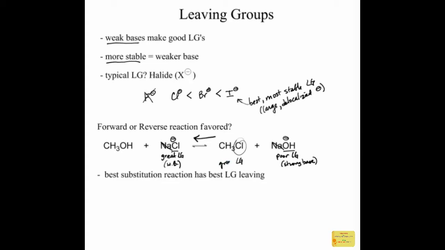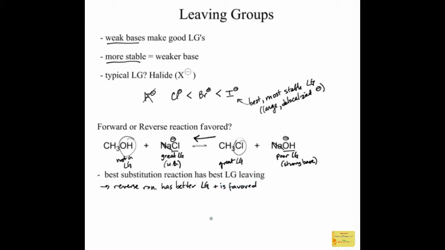This is a great leaving group on the carbon, where on the forward reaction, this is no good. So in this case, the reverse reaction has the better leaving group, and therefore is favored.